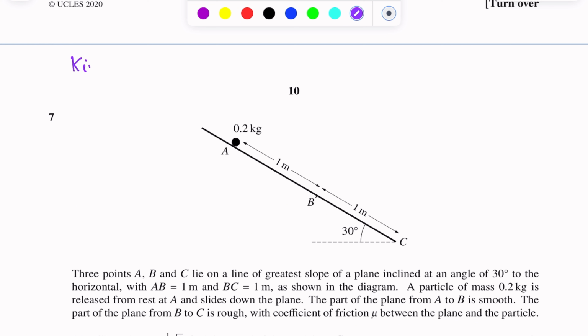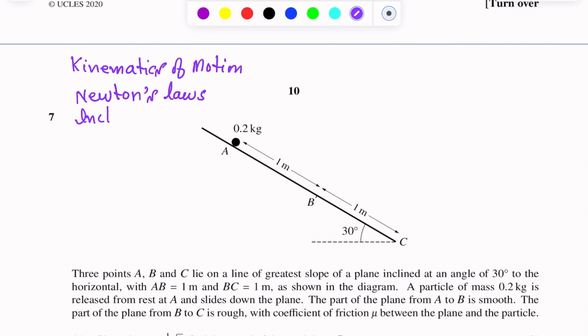Kinematics of motion in a straight line, Newton's laws. Newton's second law of motion will be used here, and Newton's third law of motion will be used, and inclined plane motion.